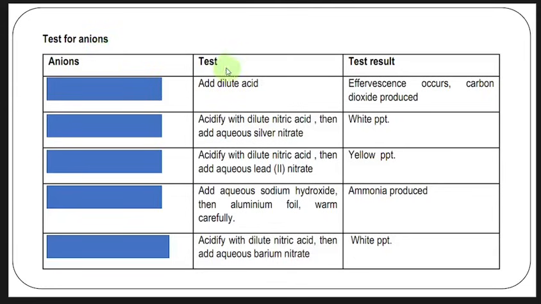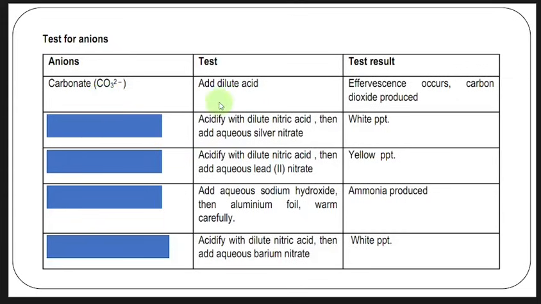So for instance, if you have a known substance here, to it you add dilute acid. Then if effervescence occurs, or bubbles occur, then carbon dioxide is produced. We expect that those bubbles are carbon dioxide, so that substance contains the carbonate anions.